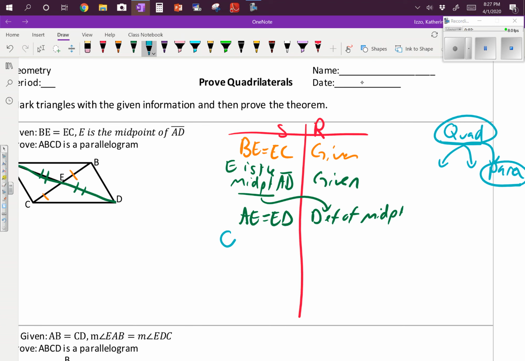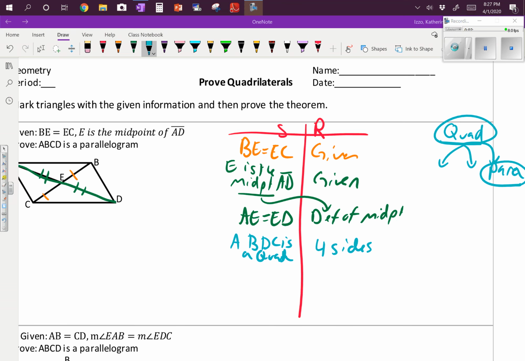So we better be saying quadrilateral ABDC is a quadrilateral. And we can say that because four sides.